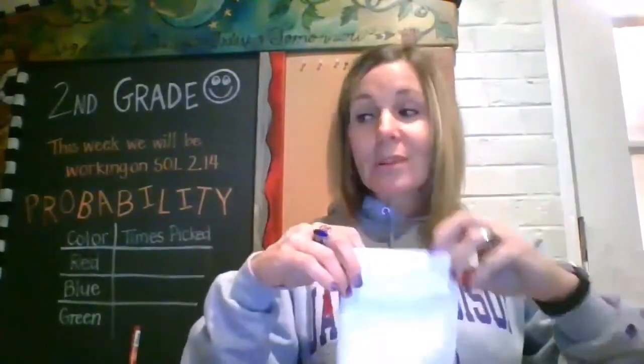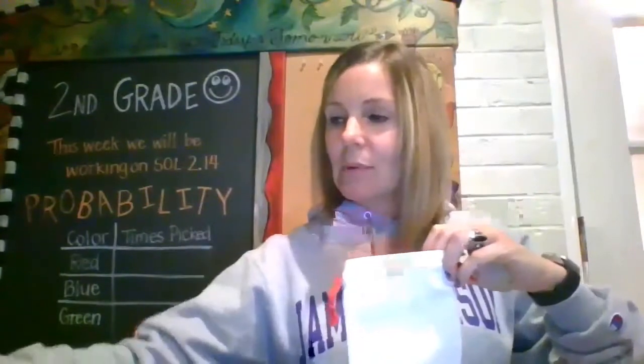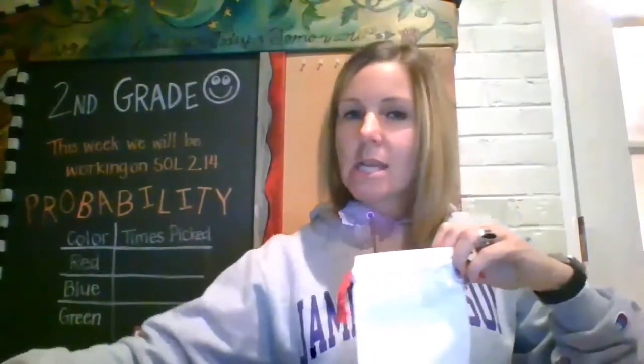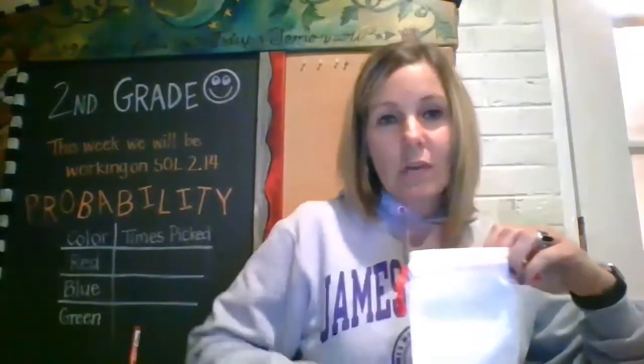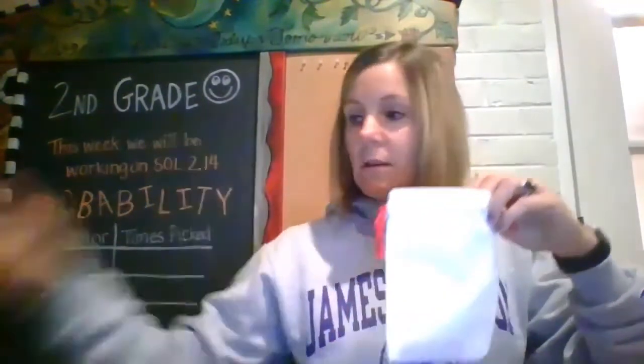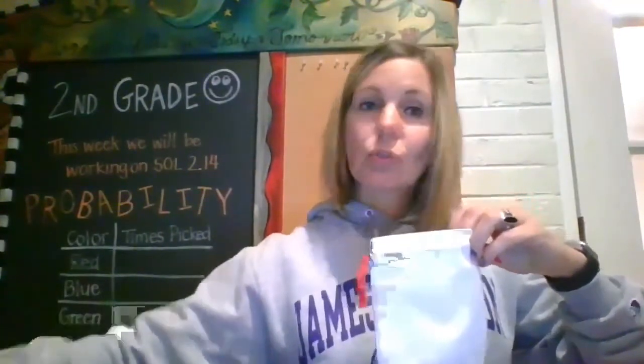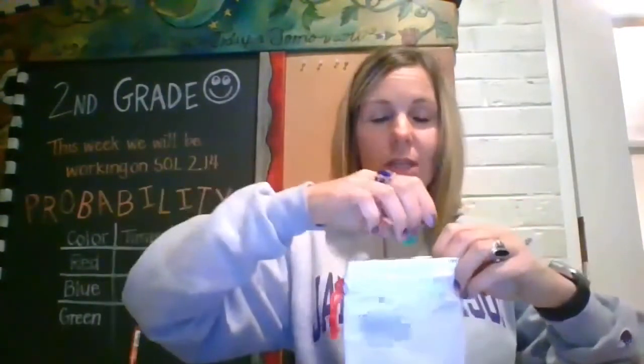So I'm going to put the colored counters in here. Watch very carefully. I'm going to put 1, 2, 3, 4 red counters in. I'm going to put 1, 2, 3 green counters in.